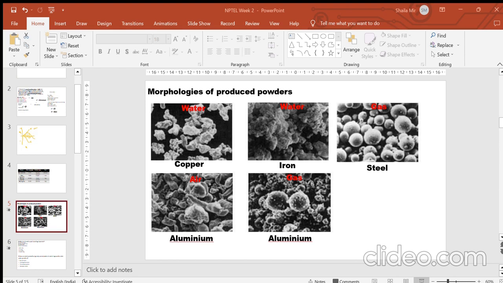Can you guess what is the method of atomization that is used for production of these copper? Water. For example, the water was chosen because it is showing an irregular type of morphology, right? And for iron, what is the type of atomization used?